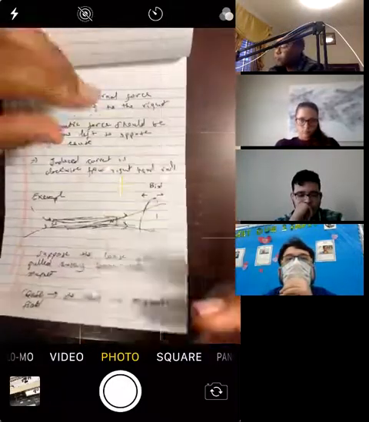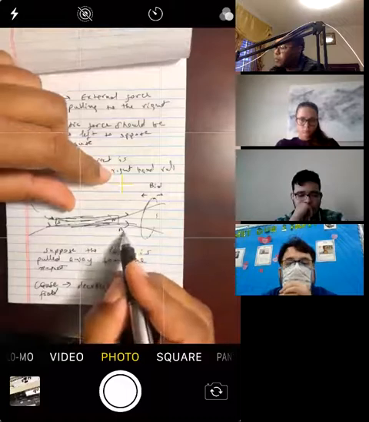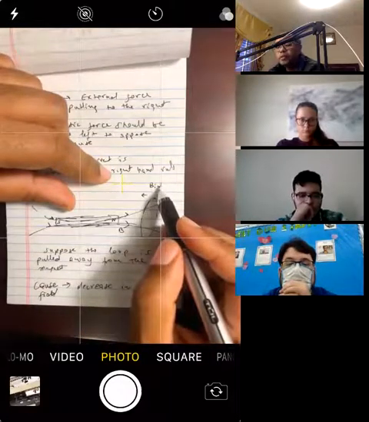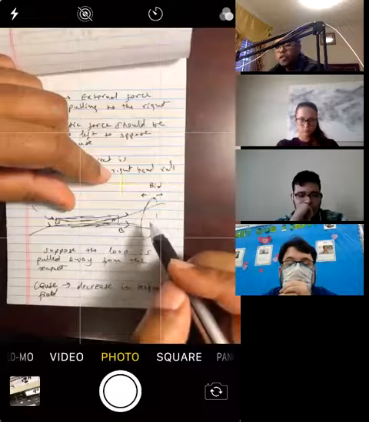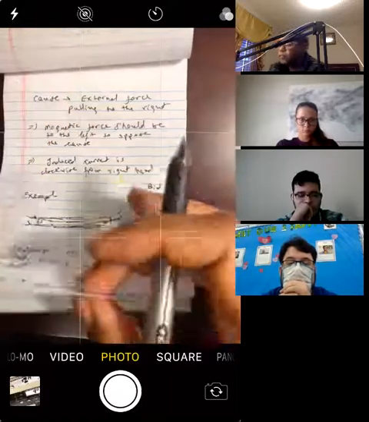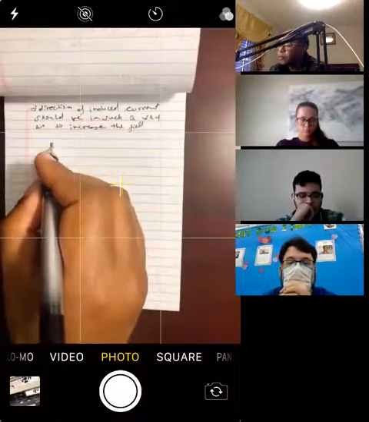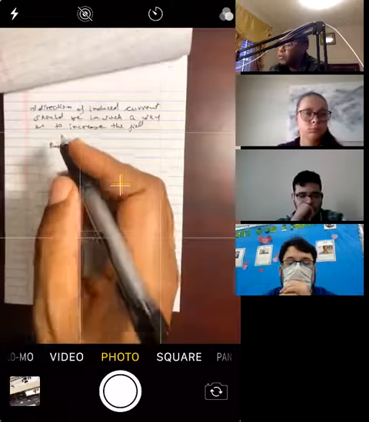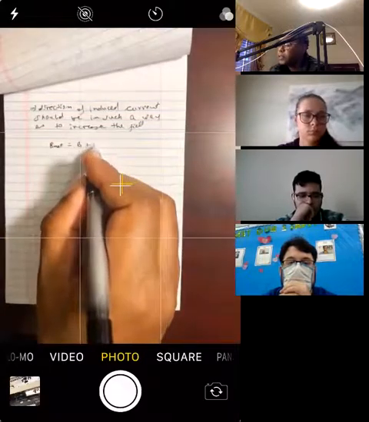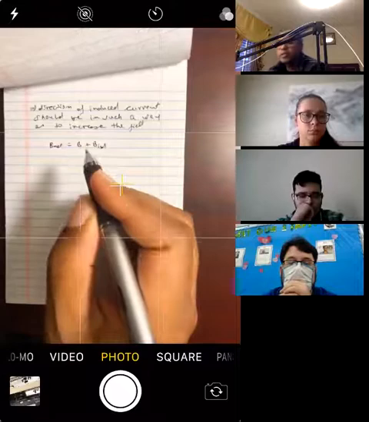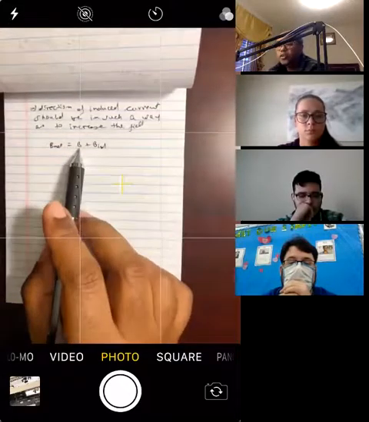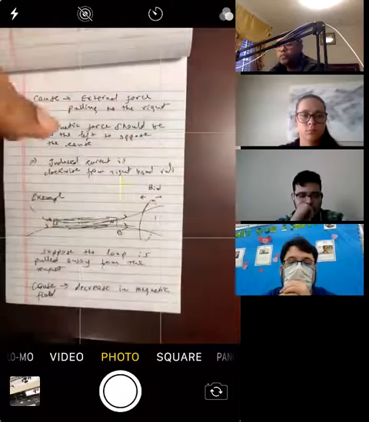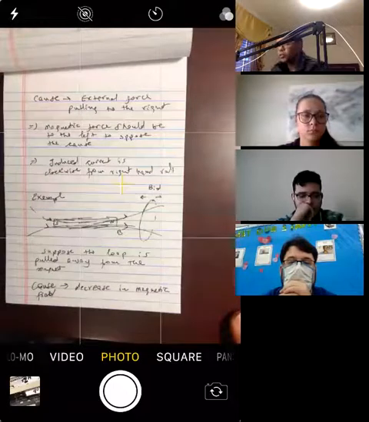Now we have two fields in play. We have the field due to the magnet, called B, and then we have the field due to this induced current. So the net field is the field of the permanent magnet plus the induced field. If this is to increase, do you think the induced field should be parallel or opposite to the external field?